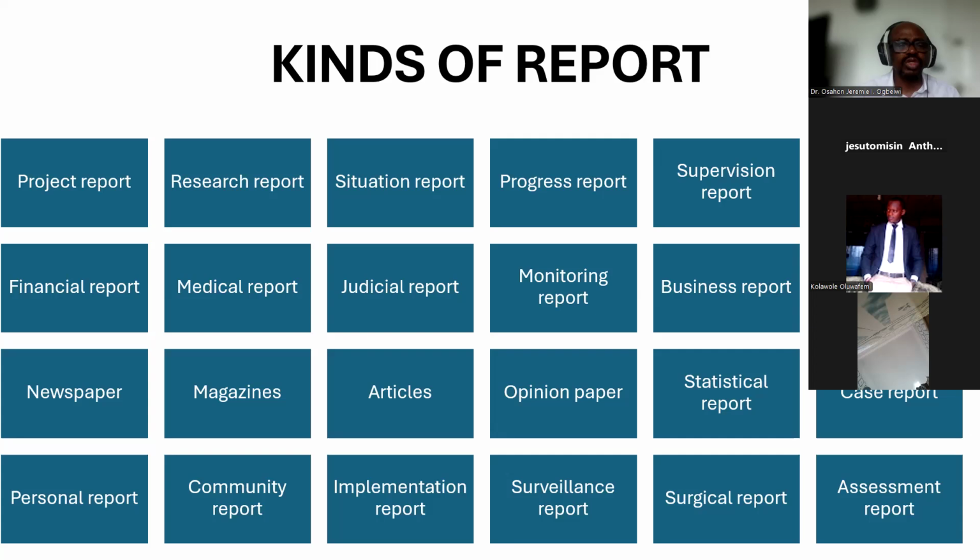The newspaper too is also a report, and magazines. So these are news reports. They report news of what is happening in the society. Articles, opinion papers, statistical reports, case reports, personal reports. These are all different kinds of reports.